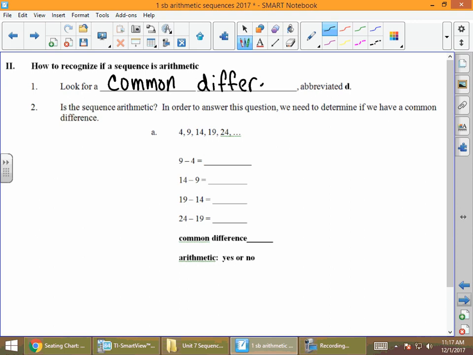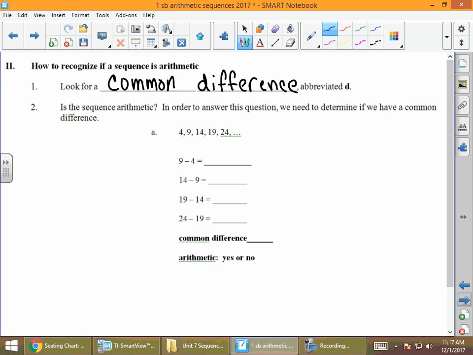By the way, common difference is abbreviated as D. Difference means the answer to a subtraction problem.